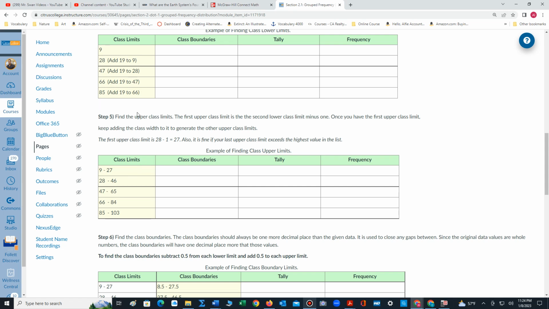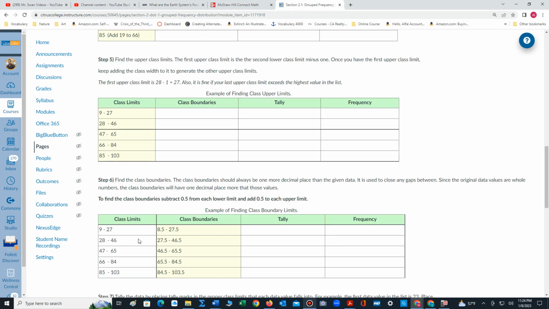So 19 plus 27 is 46. 19 plus 46 is 65. 19 plus 65 is 84. And 19 plus 84 is 103. And so we now have 5 different groups or classes.